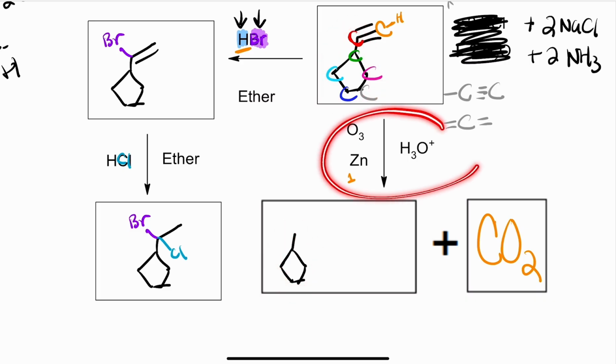What you have to just have memorized is that ozonolysis with triple bonds creates a carboxylic acid. What's a carboxylic acid? This one's funky to draw.